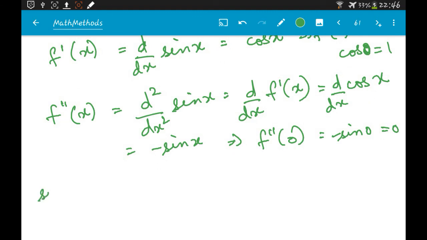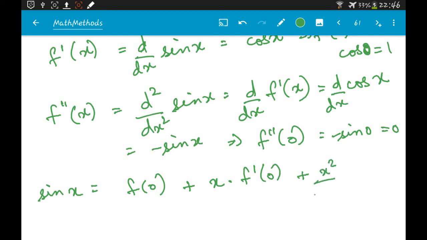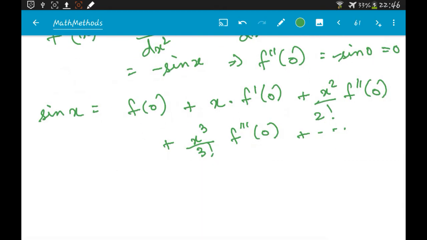So finally you will get sine x is nothing but f of 0 plus x into f dash of 0 plus x square by 2 factorial into f double dash of 0 plus x cube by 3 factorial into f triple dash of 0 plus so on. So finally you will get this term as 0. This term is 0.